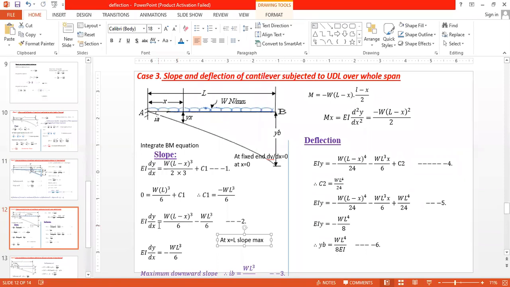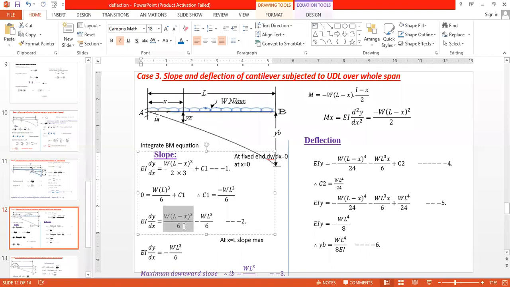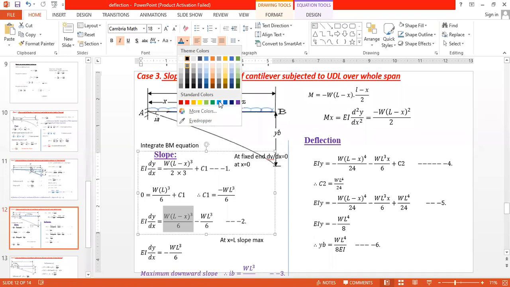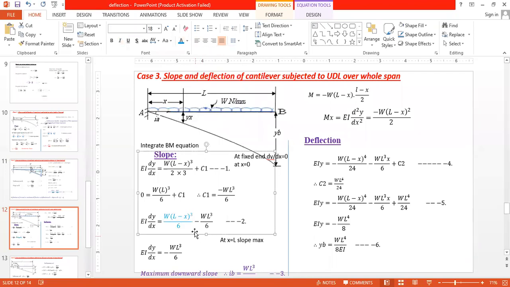It becomes w into (L minus L), which is 0. Therefore this term becomes 0, and the remaining term is minus wL cube divided by 6. Therefore your equation becomes EI dy by dx equal to minus wL cube divided by 6.